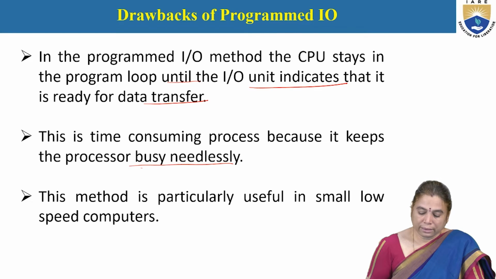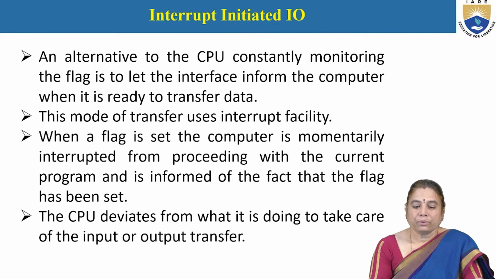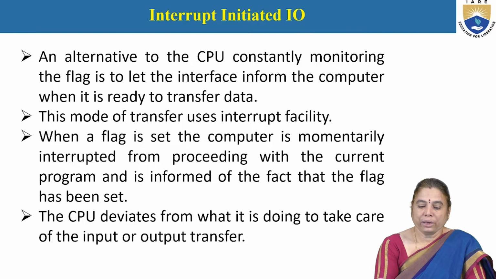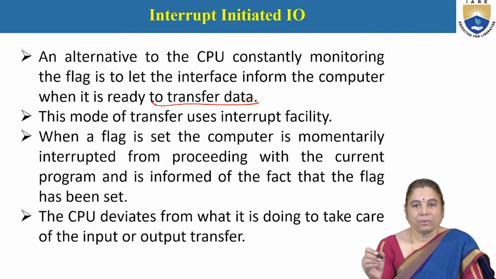To mitigate this, the second method, interrupt initiated IO, can be used. Here, as an alternative to the CPU constantly monitoring the flag, the interface informs the computer when it is ready to transfer the data. In programmed IO, the CPU continuously monitors the status register flag bit value.